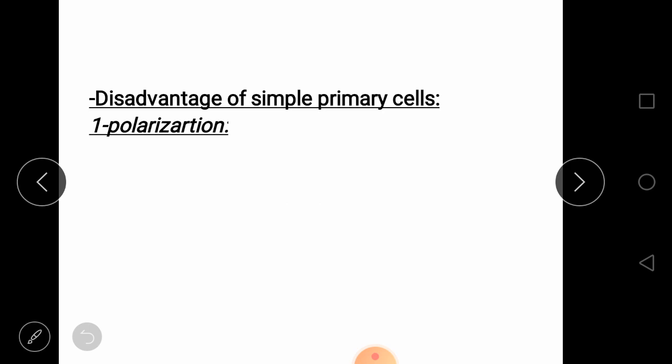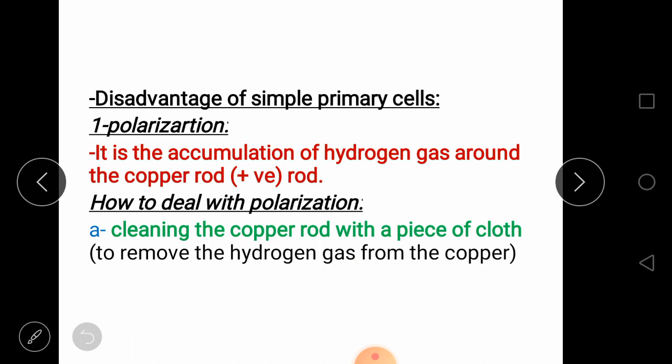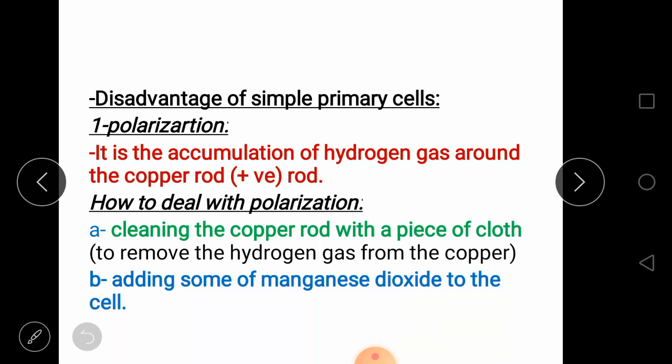The simple primary cell has two disadvantages. Polarization, which is defined as the accumulation of hydrogen gas around the copper rod, or the positive rod, can be solved by cleaning the copper with a piece of cloth, or adding some manganese dioxide to the cell, which is called an oxidizing agent.